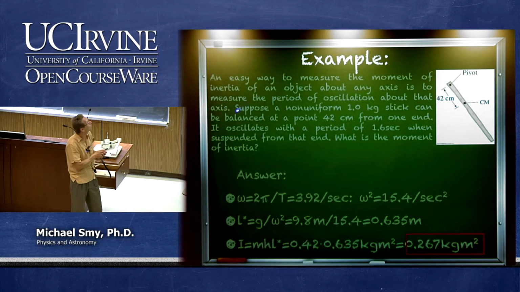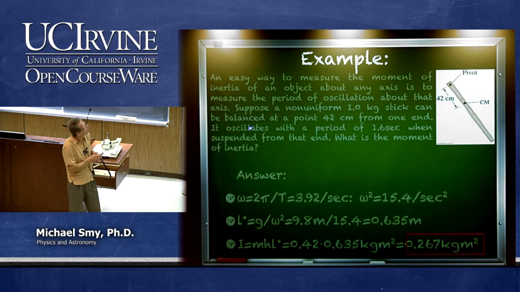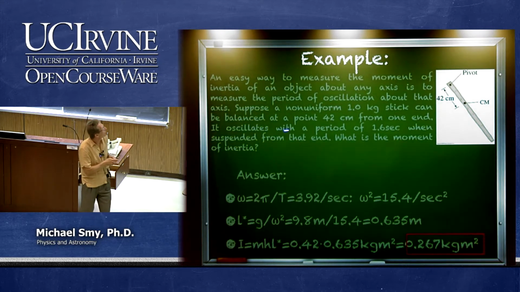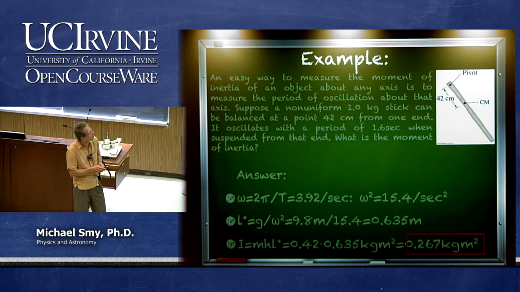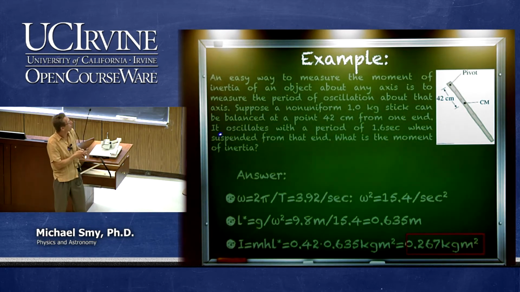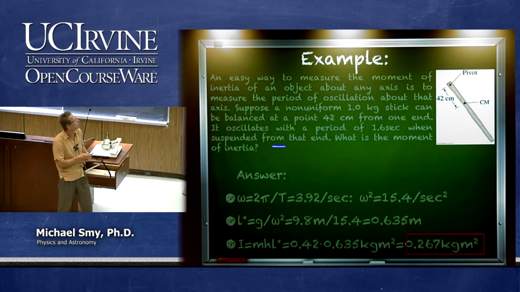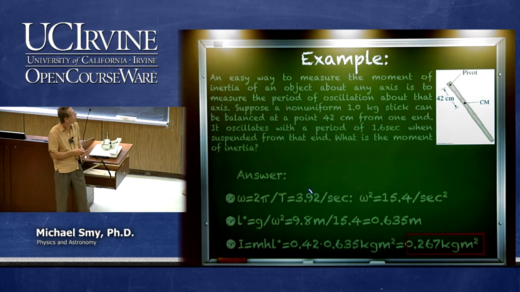So let's suppose, for example, that we have a 1 kilogram stick, and that stick is balanced at a point that is 42 centimeters from one end. So we know that the difference between pivot and center of mass is 42 centimeters. And we also know that it oscillates with a period of 1.6 seconds when we let it swing around that pivot.